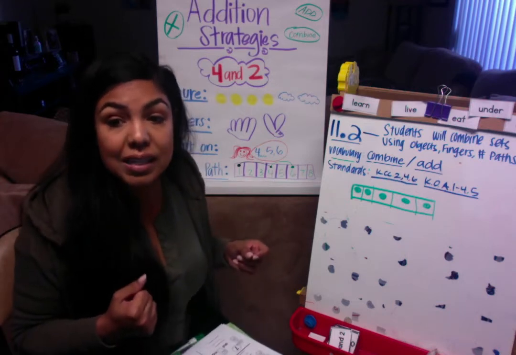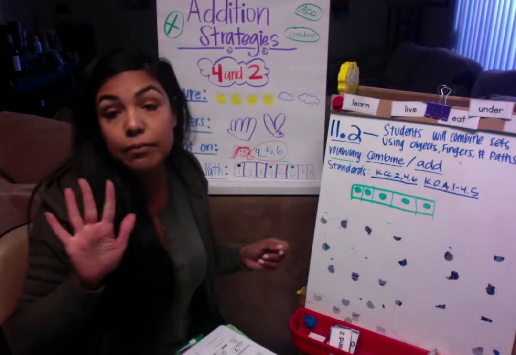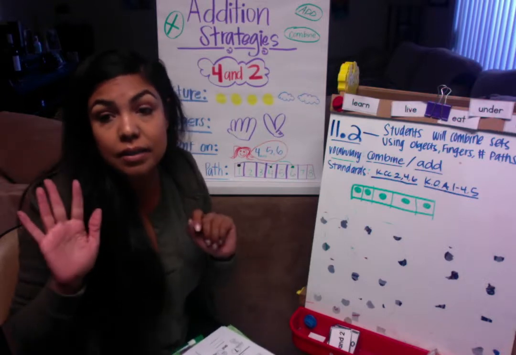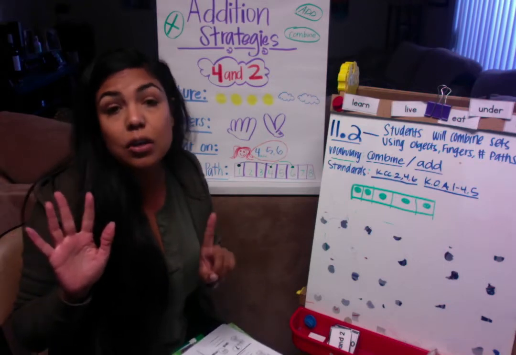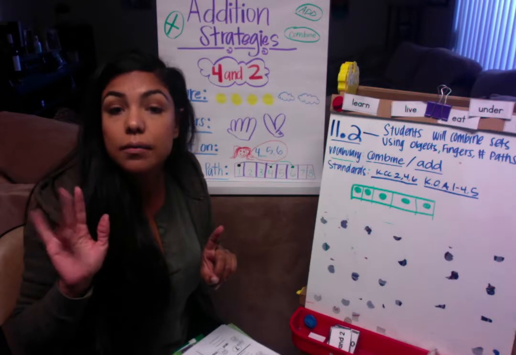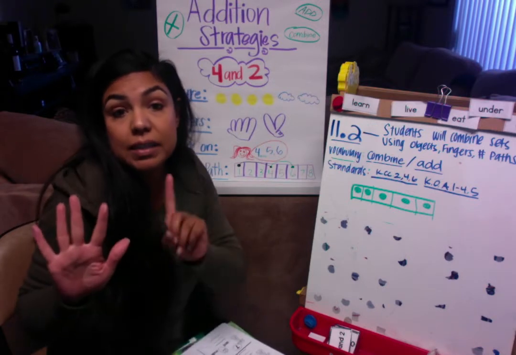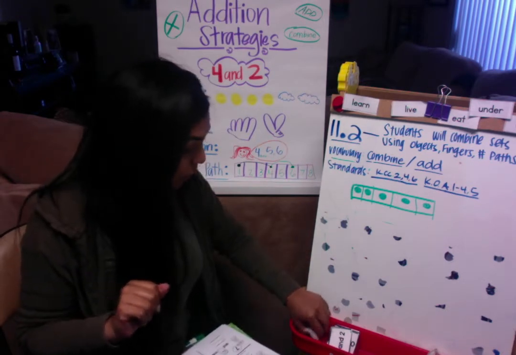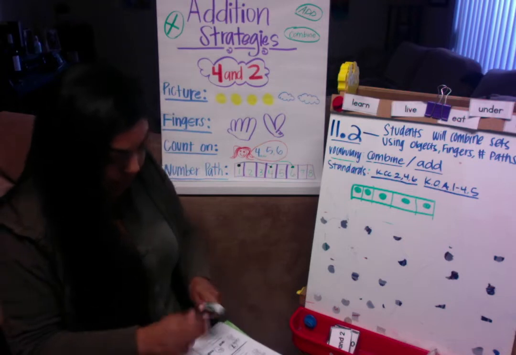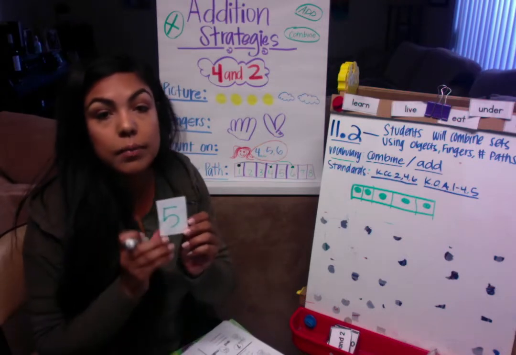So just like if I show you a number 5 and a 5 hand and I have 5 and then I have 1. Do you need to go 1, 2, 3, 4, 5, and 6? Or can you just do 5, 6? Good. So what if I show you guys a number 5.